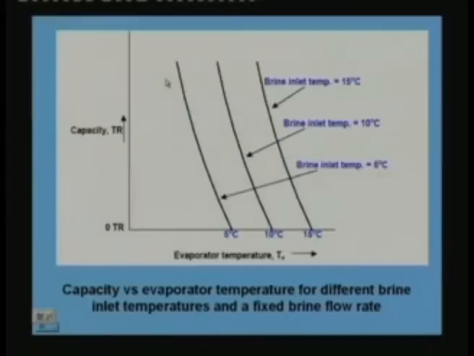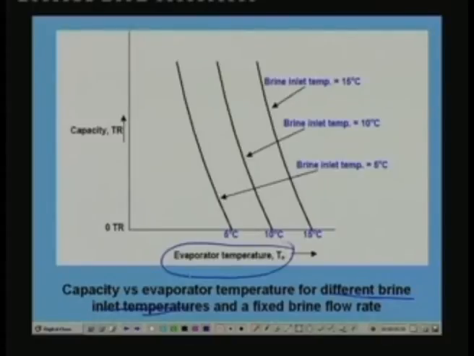Likewise, you can generate data where you express the evaporator capacity in terms of the evaporator temperatures and brine inlet temperatures. If you plot this, you will get this kind of curve. This is capacity versus evaporator temperature for different brine inlet temperatures at a fixed brine flow rate.